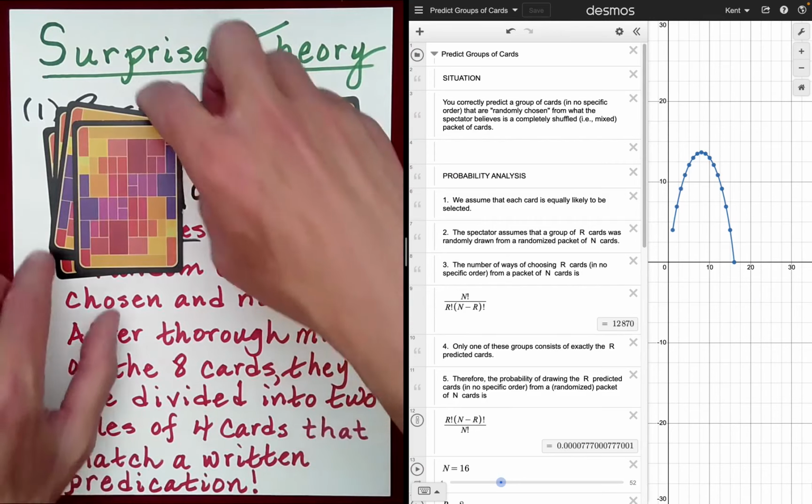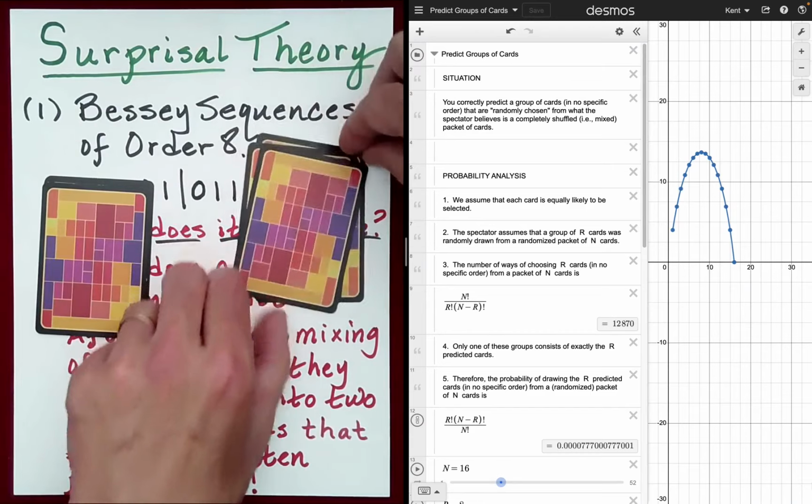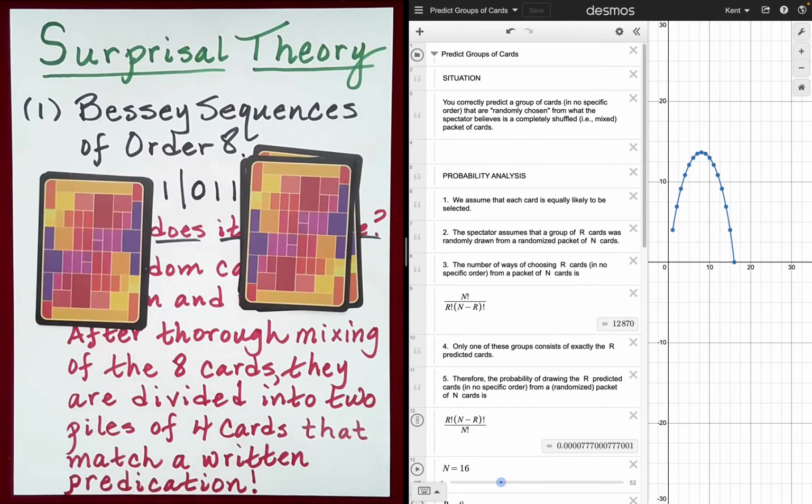But nonetheless, when these cards are revealed within each pile of 4, it will perfectly match the groupings that you've made note of on your piece of paper. And that's after tremendous mixing and, quote, randomization of the cards has occurred.